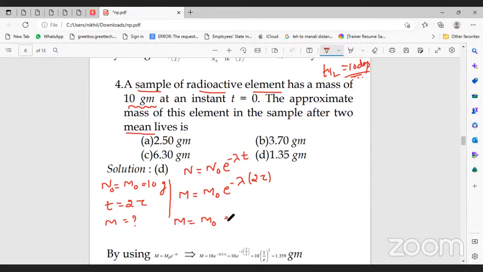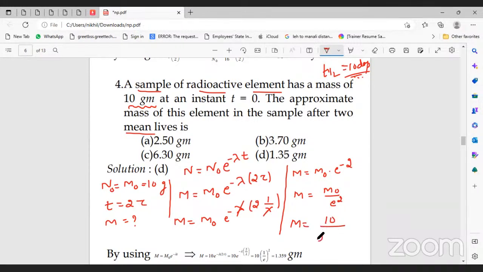And you know that mean life is nothing but the reciprocal of the decay constant. So this lambda and lambda will get cancelled out. So M is equal to M0 into e power minus 2, or M will be equal to M0 divided by e power 2. What is M0? 10 gram.